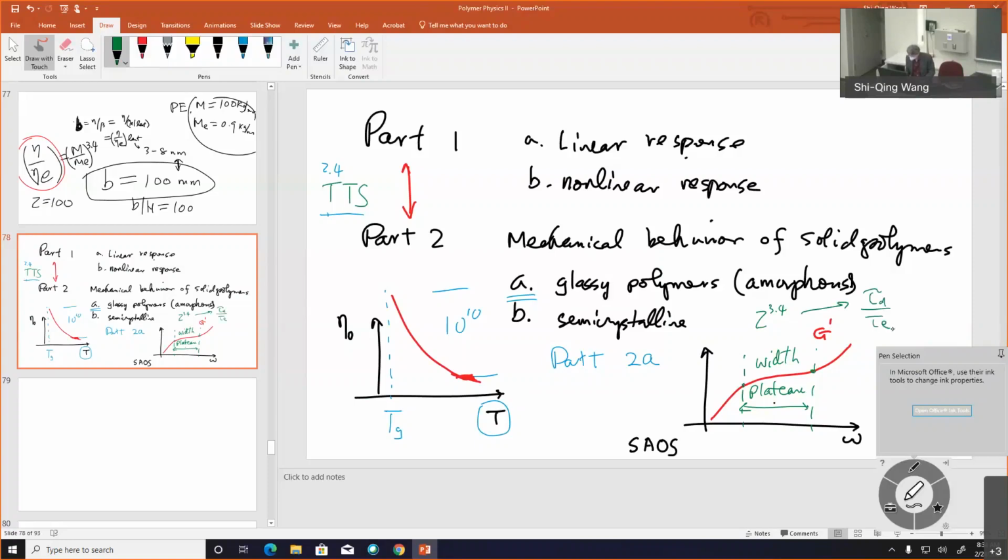So we talked about this is the fluid part. This is the elastic part. Just depending on how you probe your sample. And this point, as you roughly know, is 1 over tau_d. In other words, this is the point where omega tau_d is 1.